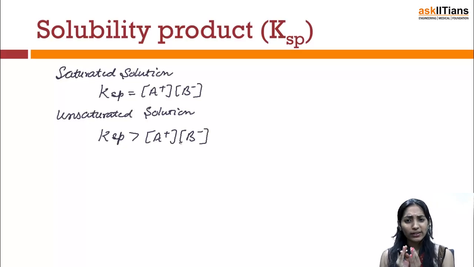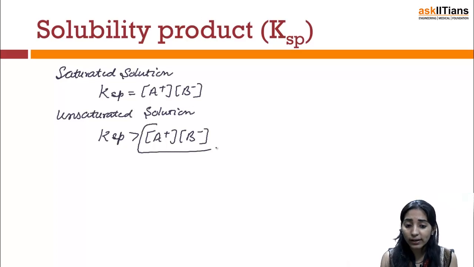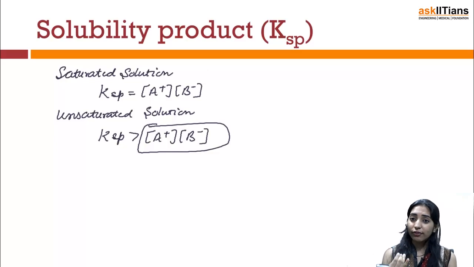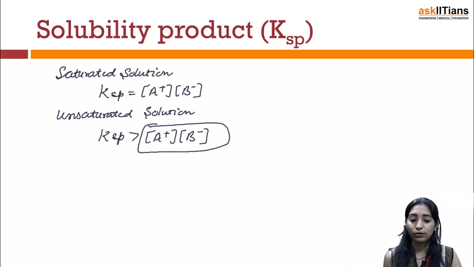That means whatever the product of A positive and B minus is at this point of time, its value is less than the Ksp for that reaction. That means at that point more solute will be able to be dissolved in the solvent.